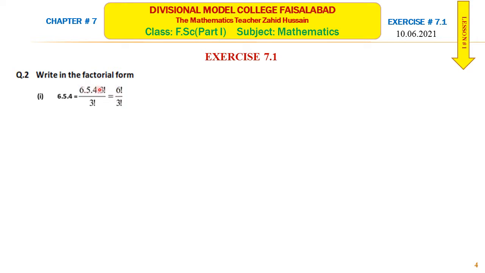So in the numerator we get factorial of 6. In the denominator this is factorial of 3 or 3 factorial. So we can write this as a factorial notation by multiplying and dividing the missing product, and you cannot cancel 6 with 3.